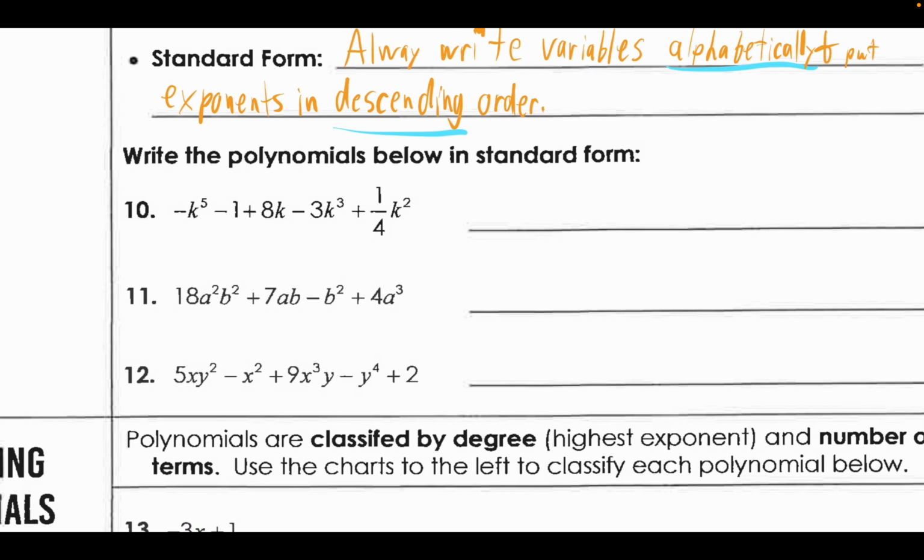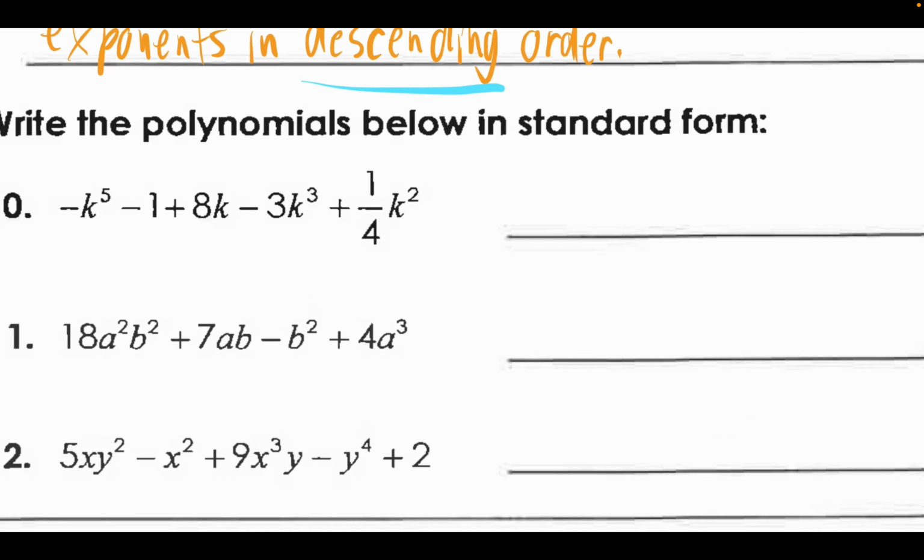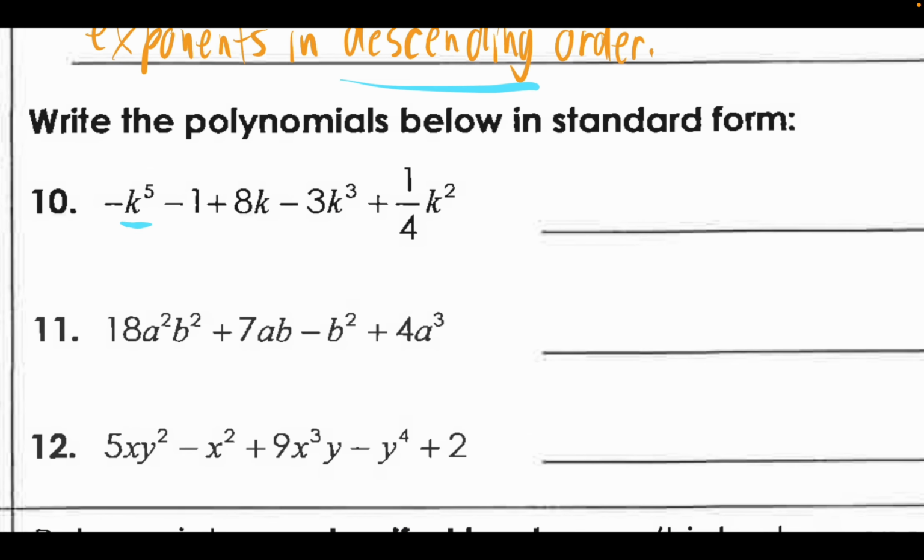So we have some practice here on problems 10, 11, and 12 of putting these polynomials in standard form. So this number 10 here, since these are all the same variable of k, we don't have to worry about alphabetical, and one has no variable, we then just have to look at descending order. Means for the exponents, we want to make sure the highest exponent comes first. So that's this.